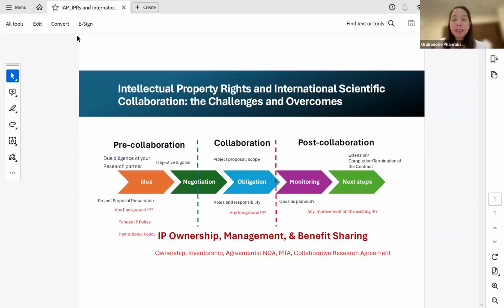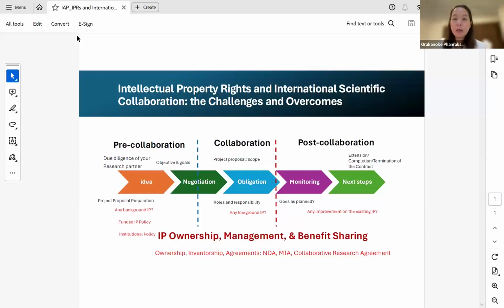And when it comes to agreements, we learned again from Professor Nikki that when you deal with biological materials, it's so important that you handle them with the proper documents and agreements.